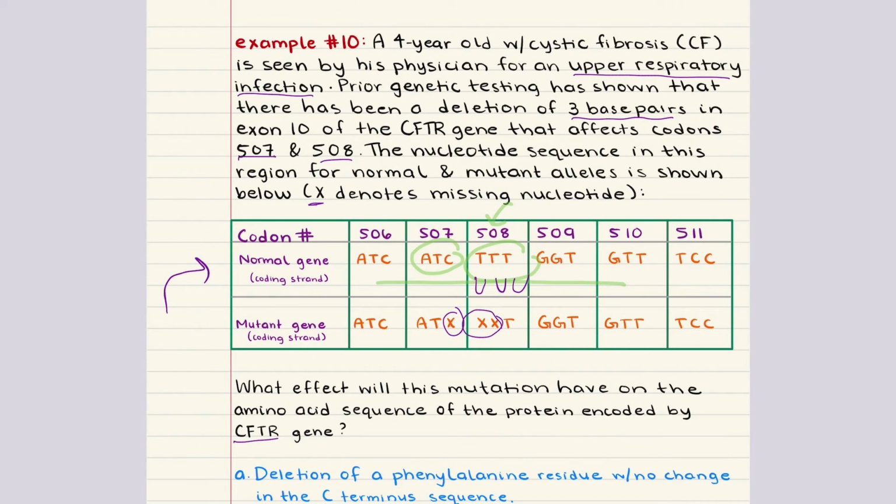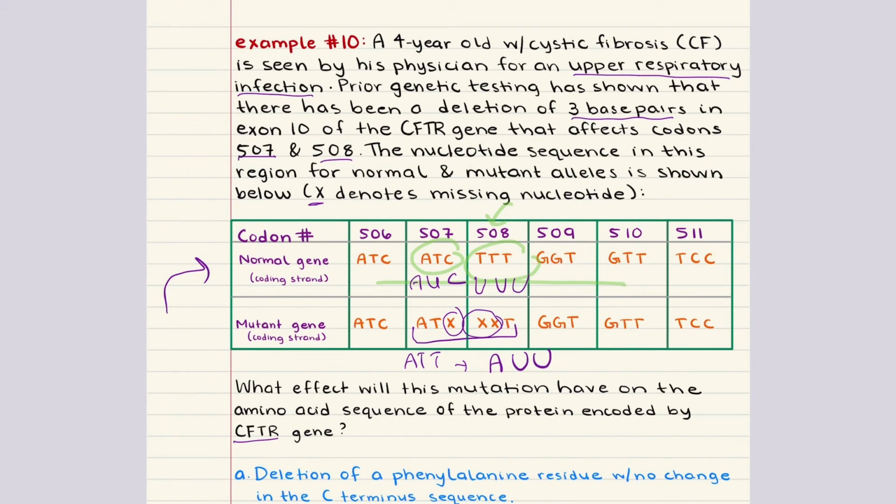Now, in the mutant version, one base from codon 507 and two from codon 508 are deleted. And so as a result, 507 is actually going to be read as ATT, and codon 508 is just lost. It's deleted. Now, the original 507 codon read AUC in the messenger RNA. That codes for isoleucine. But after the deletion and the new way that we read codon 507, this becomes AUU.